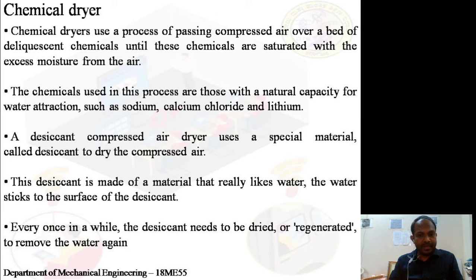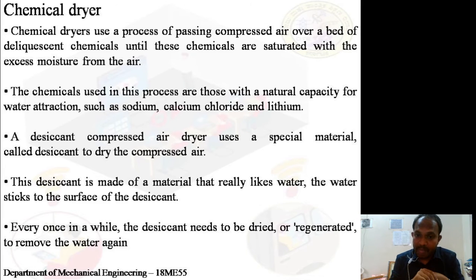The principle of working of the chemical dryer is this: they have layer by layer of chemicals in the passage of the air movement. These chemicals absorb the moisture content from the air and condense it. They go liquid.